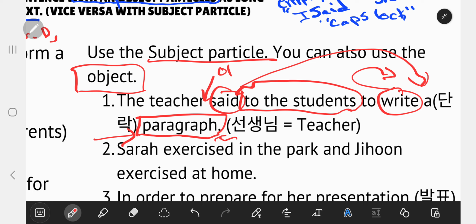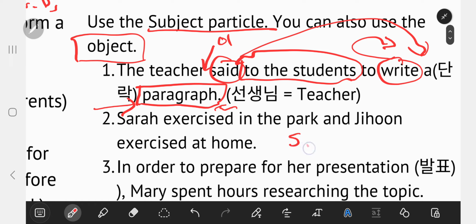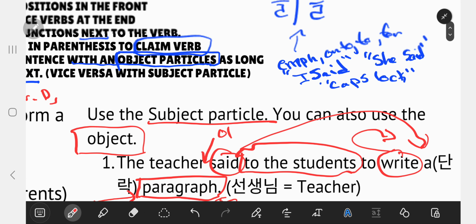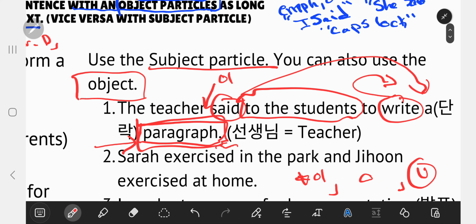So you don't need to add the object particle on here because, as I said, when you have one thing here and one thing here, and you are marking it as 이, then you definitely know that's a subject. And then there's a verb here. What do you think this will be? This will probably be the object. So that's the process of elimination that we're doing right now. So since we did that over here, boom, now we know that paragraph is the object.